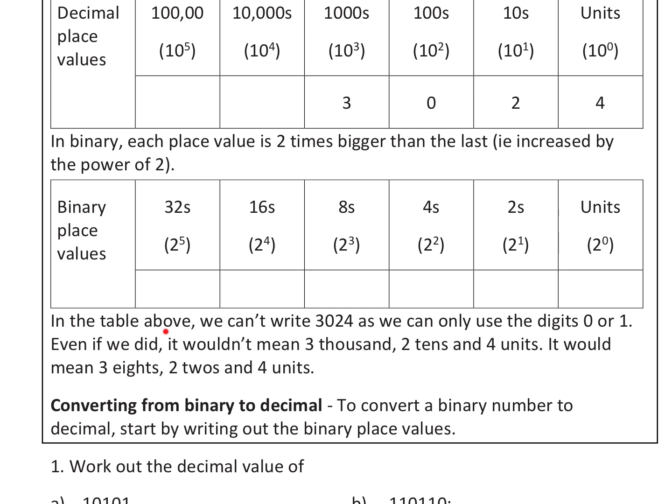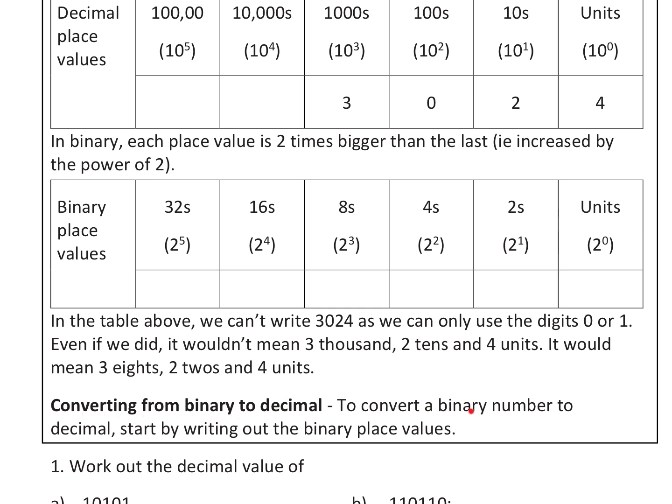So in the table above, we can't write 3024 as we can only use the digits 0 or 1. And even if we did, it wouldn't mean 3,000, 2 tens, and 4 units. It would mean 3 8s, 2 2s, and 4 units. And that wouldn't make 3024. That's just nonsense.